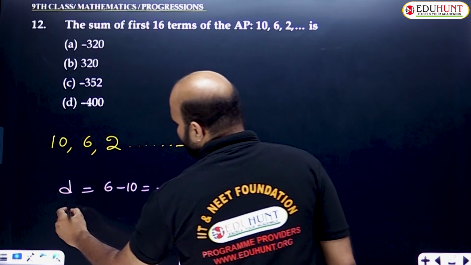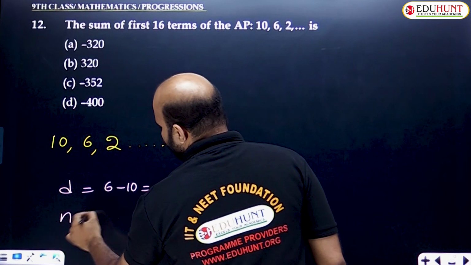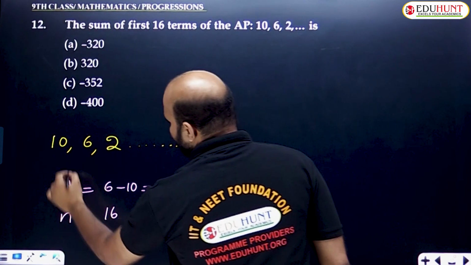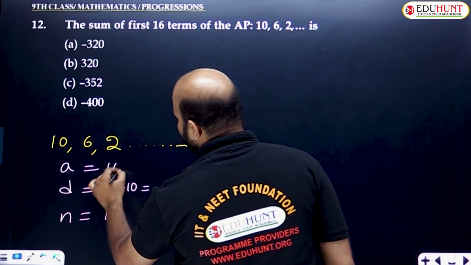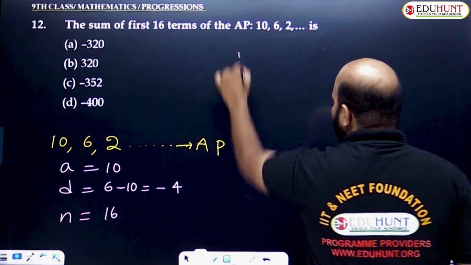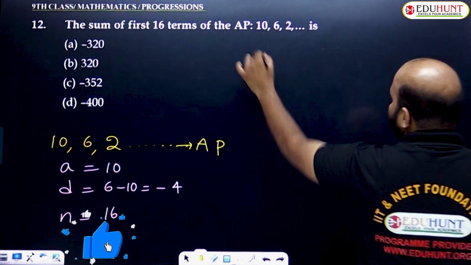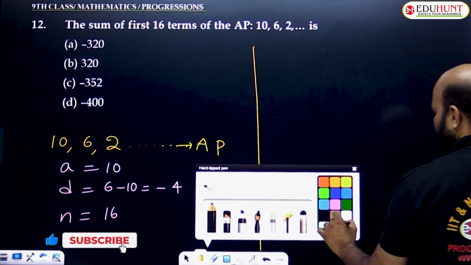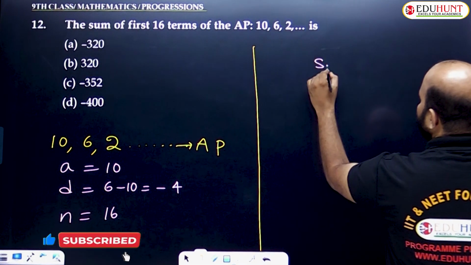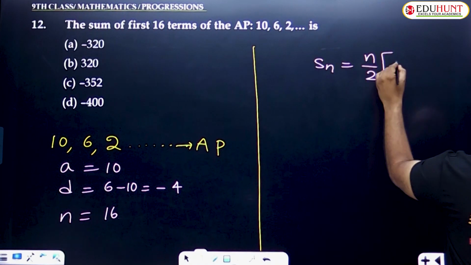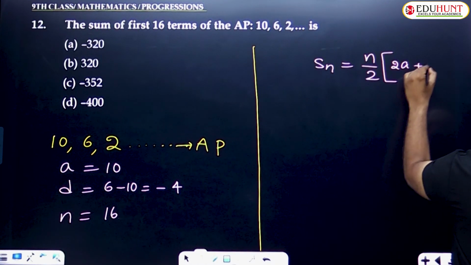Am I clear? Now n, the number of terms, is already given as the first 16 terms, so n is 16. Here a stands for the first term, 10. Using the formula for the sum of the first n terms, Sn equals n by 2 into 2a plus n minus 1 into d.